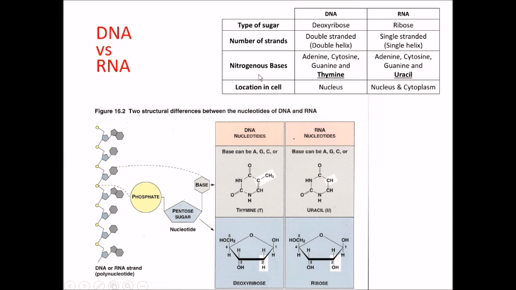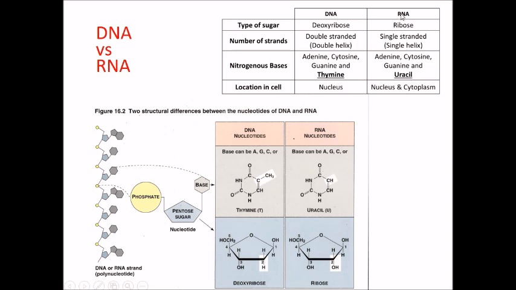The nitrogenous bases found in DNA are adenine, cytosine, guanine, and thymine. Thymine can only be found in DNA. Meanwhile, in RNA, you can find adenine, cytosine, and guanine as nitrogenous bases, and uracil also, which can only be found in RNA.